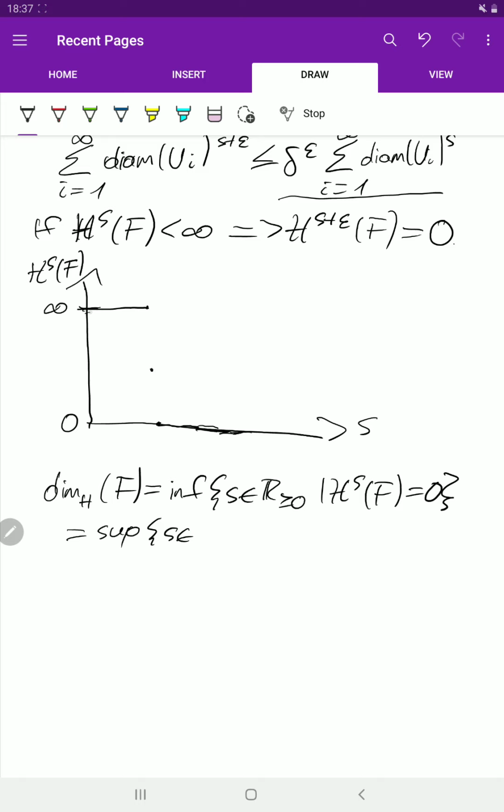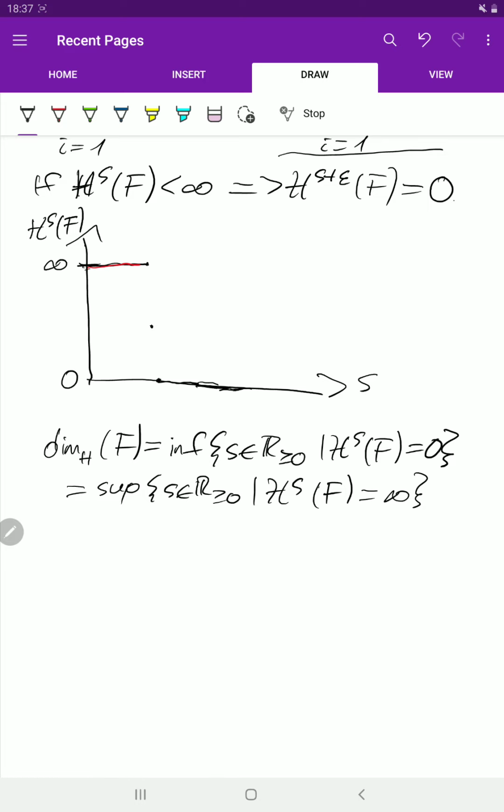That's obviously the other way, so we go, maybe let me take colors, so we go here, and then of course that's where it's infinity. And one has to be a little bit careful if the dimension is 0.